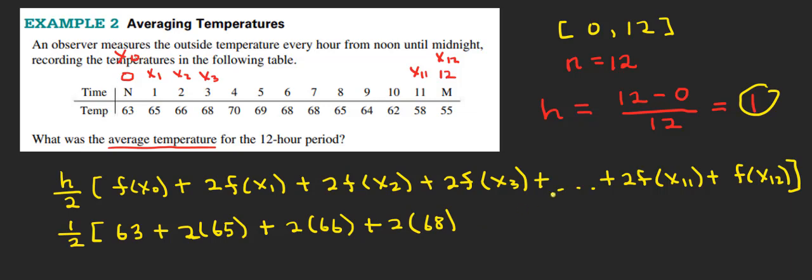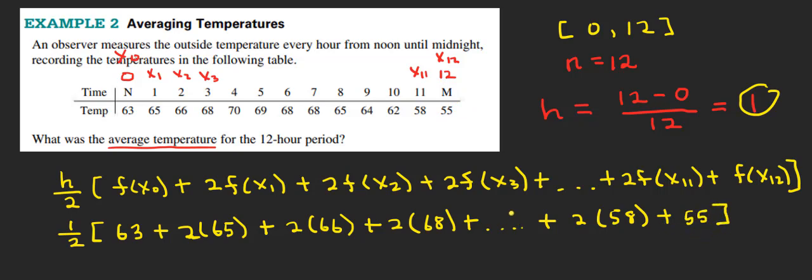I'm not going to write out all this process. You know what it means. You have to find all the terms in the middle. What is f of x of 11? 58, so 2 times 58, plus f of 12, which is 55.